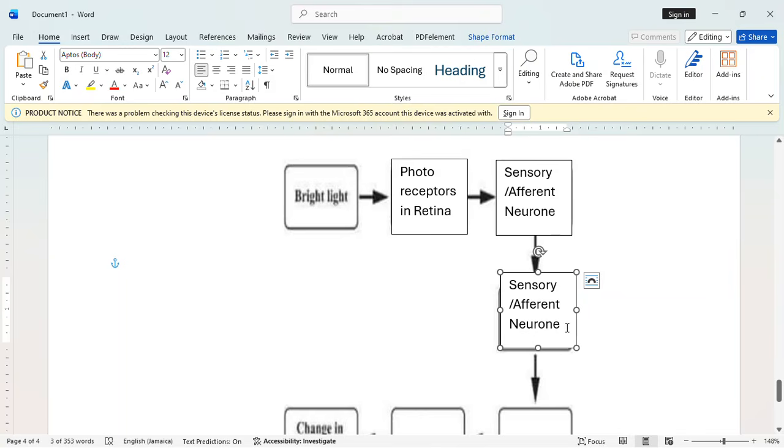So the relay neuron. Then we have our motor neuron.